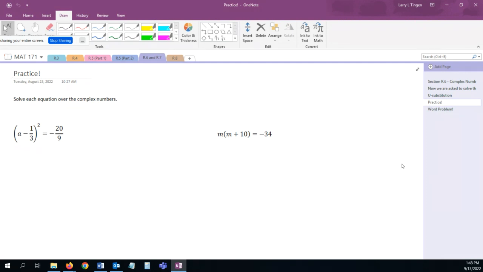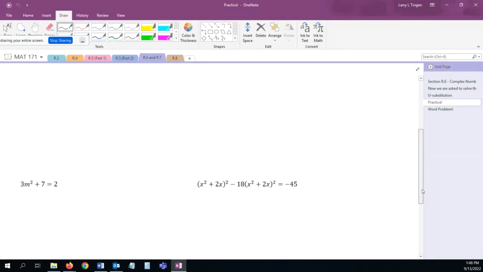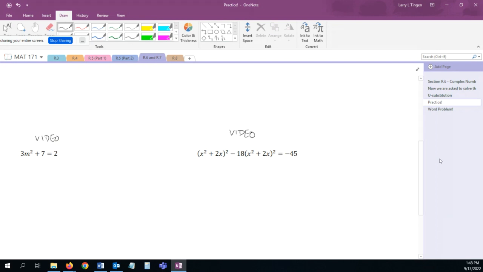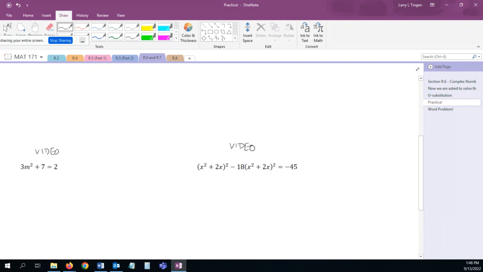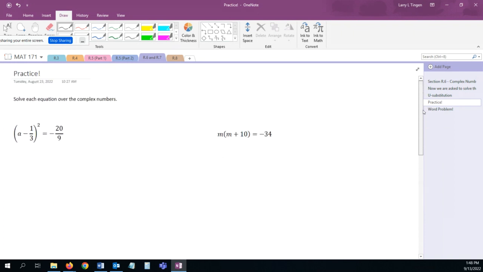I've got 3 down below that I'm going to deal with on my own on video. But these top 2, I think we can tackle without any trouble. I'm marking these as video for me. As you can see on the bottom right, that looks like a u substitution, but there's a bunch going on there. So we'll deal with that on its own. Okay.